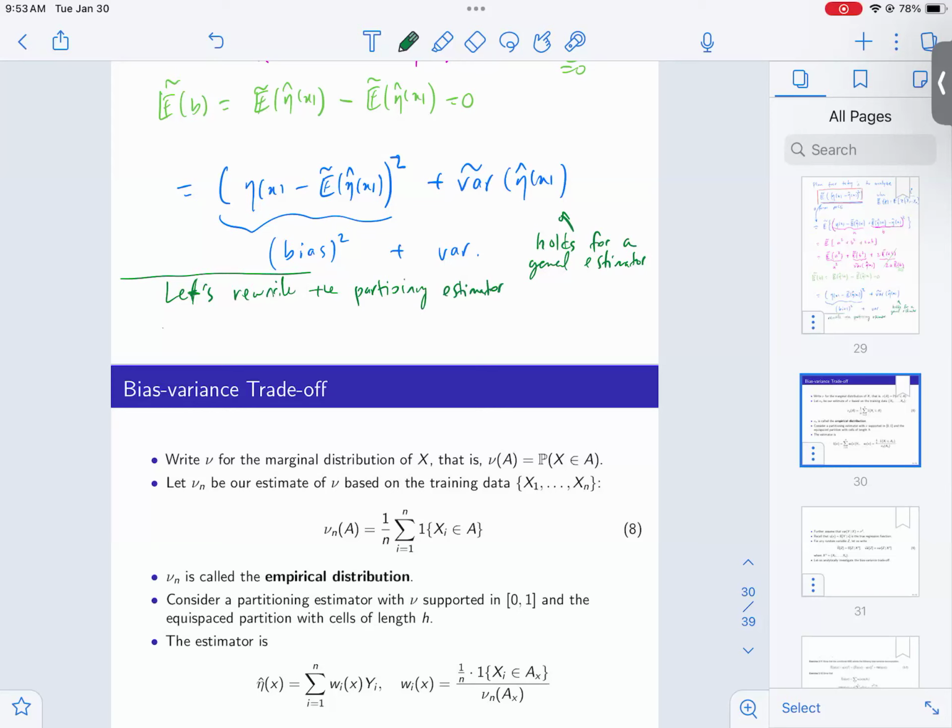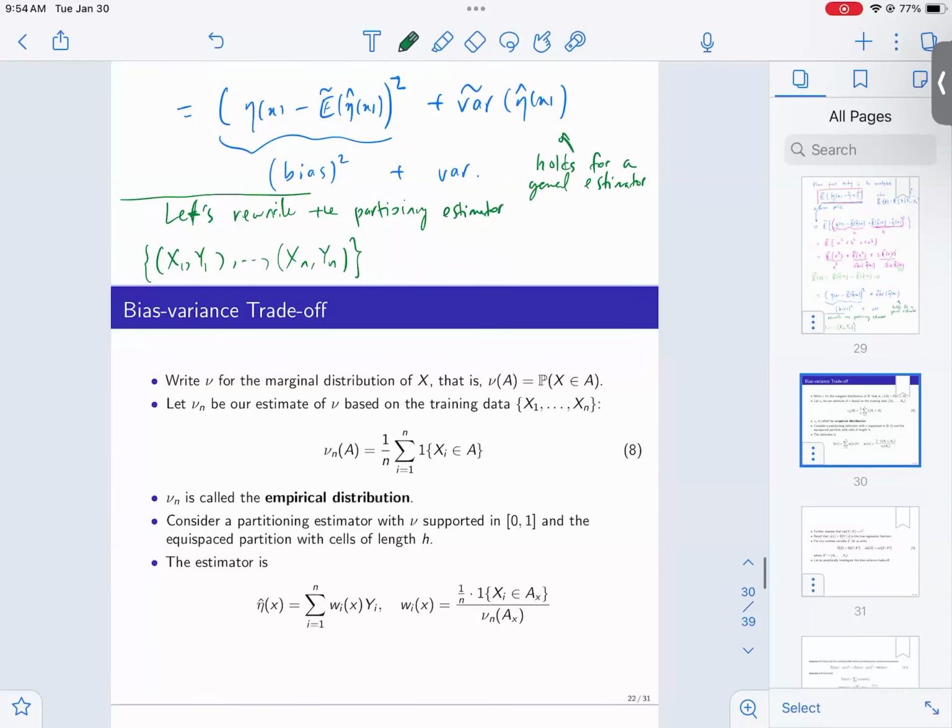Remember we had this training data x1, y1, up to xn, yn. What I want to do is look at this object.